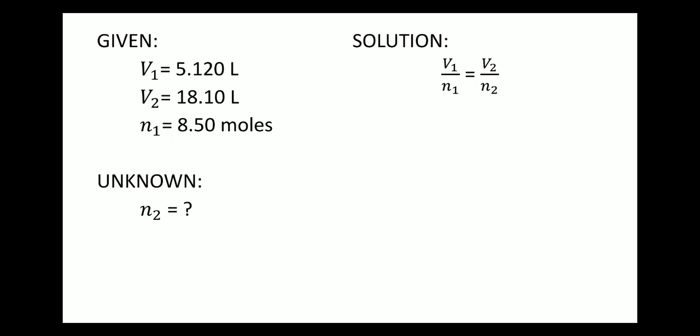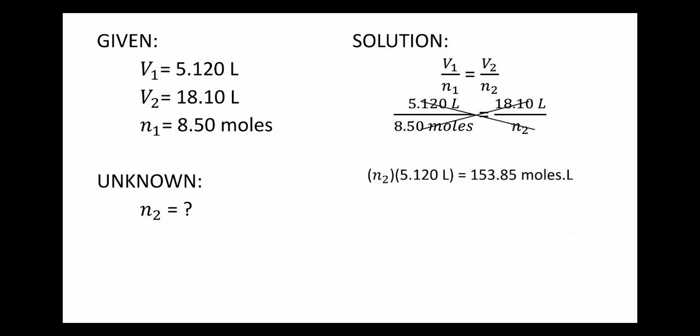So for the solution, V1 over N1 is equal to V2 over N2. Substituting the values, 5.120 liters over 8.50 moles is equal to 18.10 liters over N2. Cross multiply. So N2 times 5.120 is equal to the product of 18.10 and 8.50, which is 153.85 mole liter.